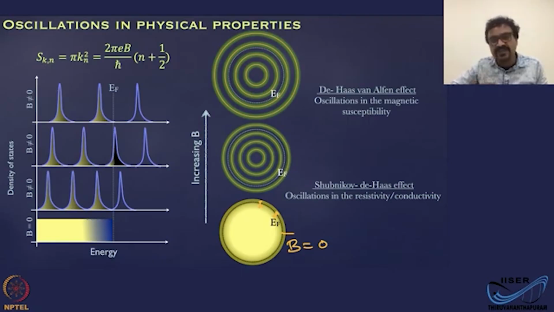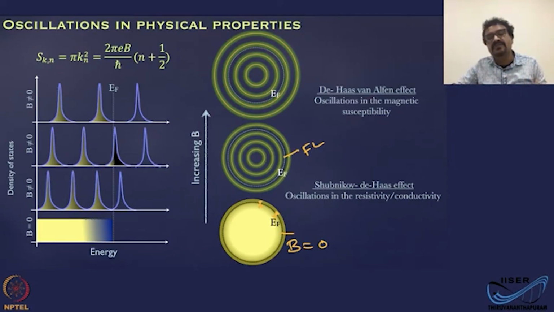Fermi level is not going to change. That is defined by the total number of electrons in the system and the expression we have derived in one of the initial lectures. So this dotted circle, that is the Fermi level or the Fermi sphere in 3D, is going to remain the same.